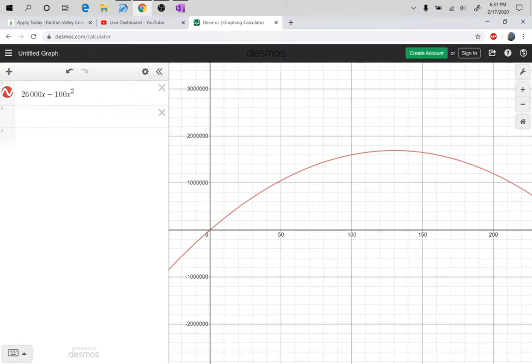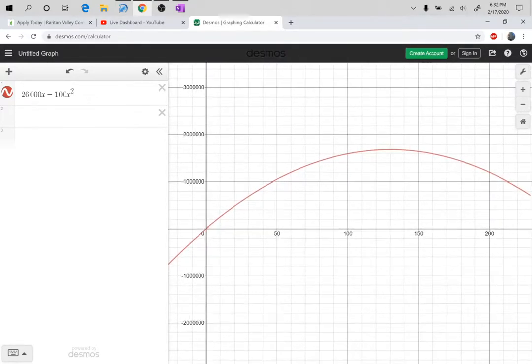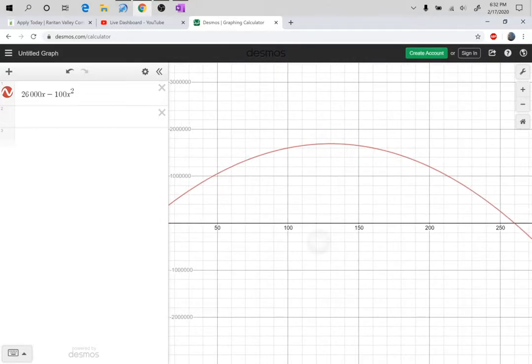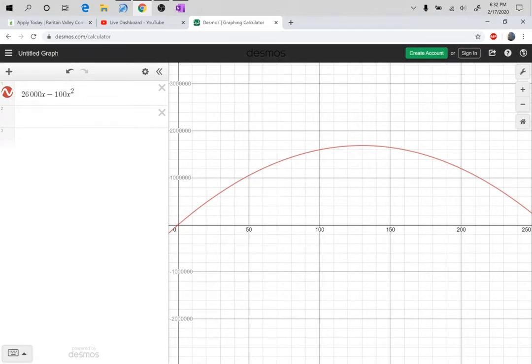Wait, that's not what I see. This is 130. That makes sense. But this is 1,069,000. What is going on over here? Did I type this right? 26,000 times 130.